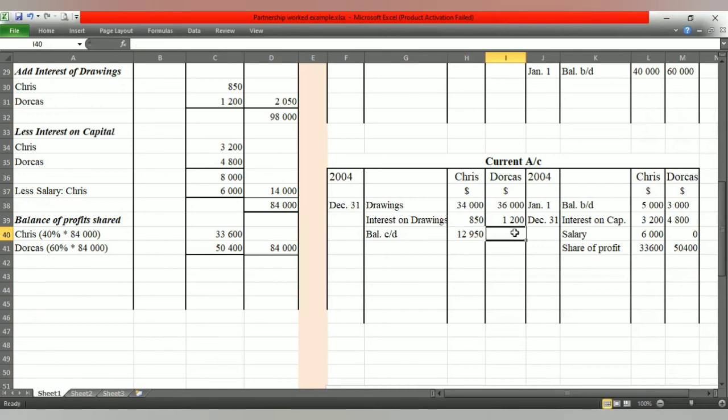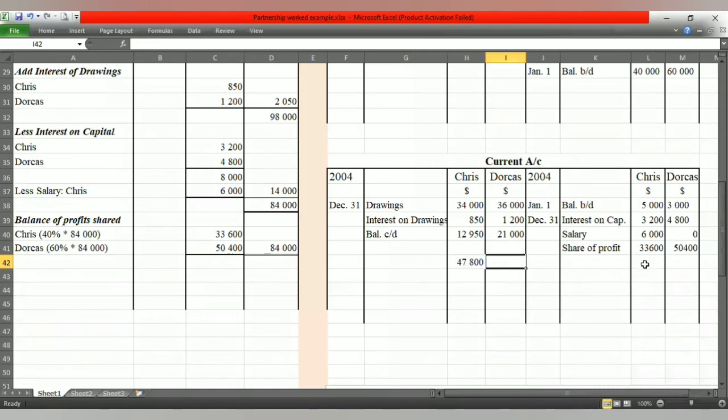Don't forget the concept in balancing off an account. We'll enter Dorcas' balance just the same. Dorcas' debit side is short of 21,000. And now that we have in those, we can then put in our totals. And our total for Chris is 47,800.